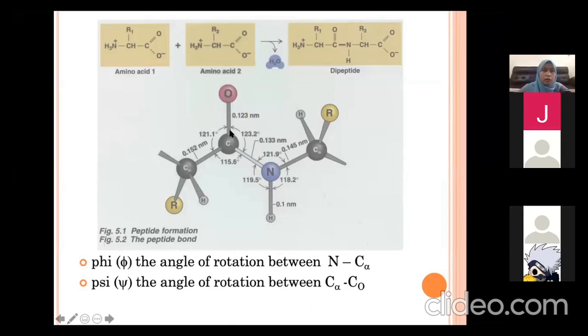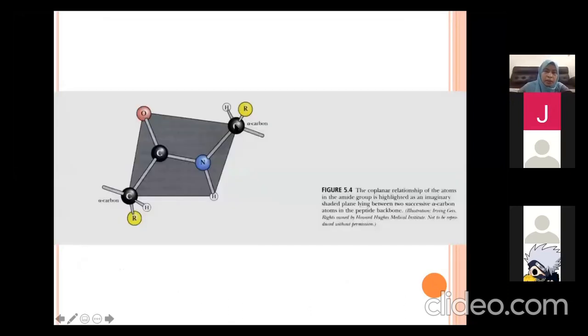The torsion, you can just twist from here to this side, or from here to the other side. So the torsion between the chiral carbon and the nitrogen from the amino group, this is phi, right? Okay, so the torsion angle, you can make it either positive or negative.